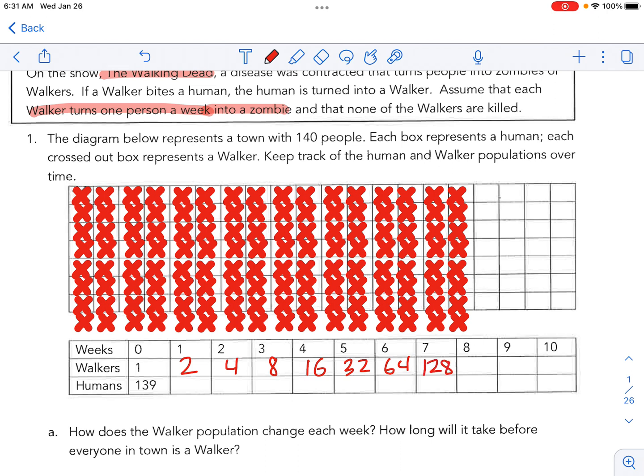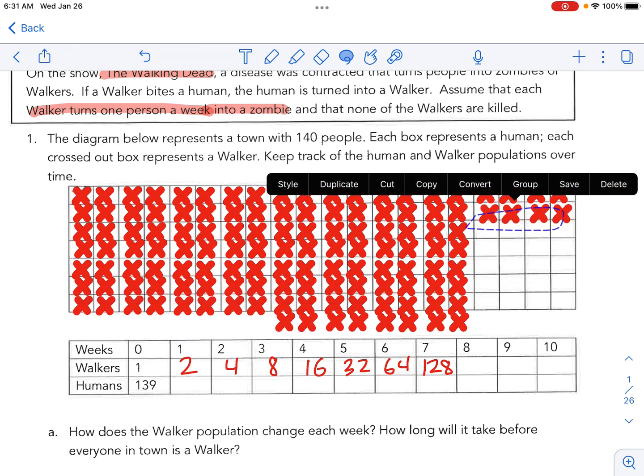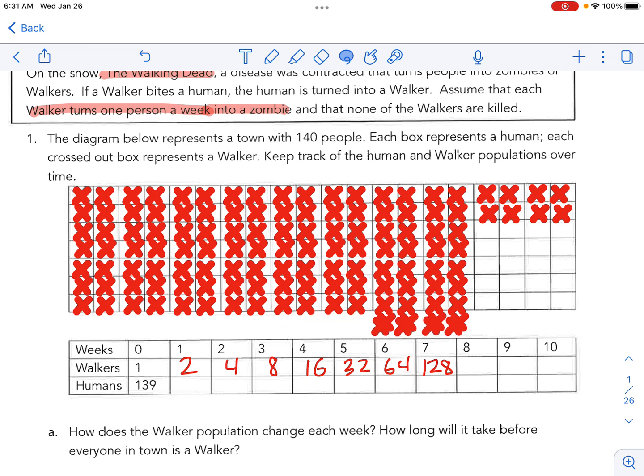And so just to get back on the population grid here, let's just move these zombies back into the population grid here. And so we've got these 128 zombies, and they're going to continue biting.